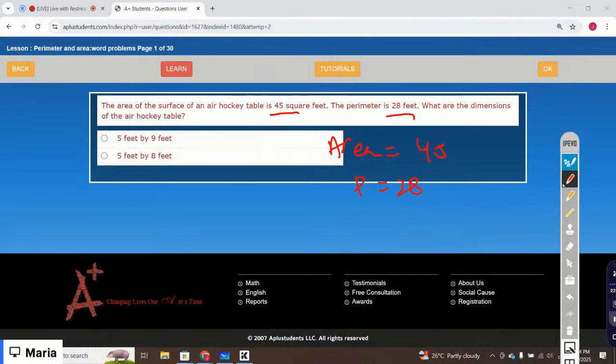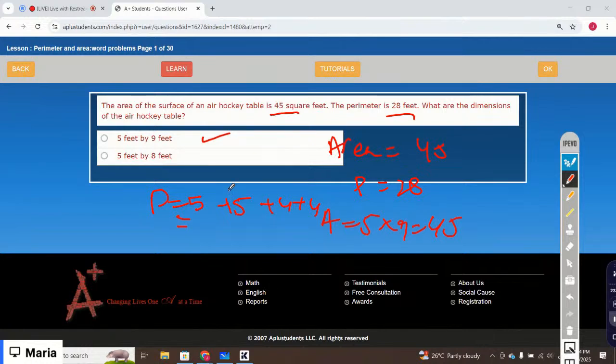So you need to find the numbers that when multiplied make 45, because the length and width make the area, and that when added make the perimeter equal to 28. So start with the first one. Area: 5 times 9. 5 times 9 is 45. So for the area, it is the correct one. Now for the perimeter, we need to add 5 plus 5 plus 9 plus 9.